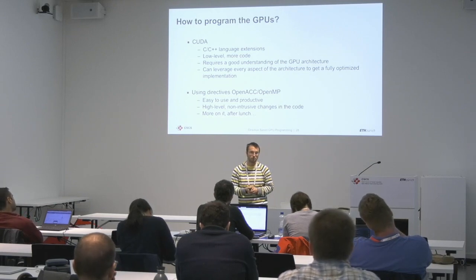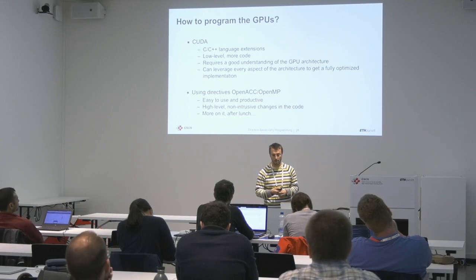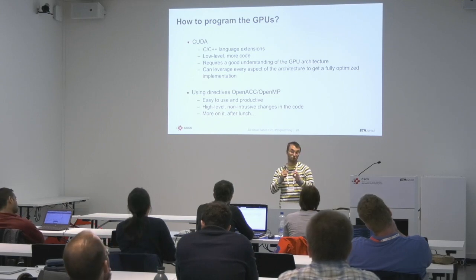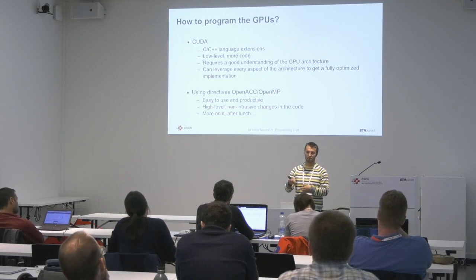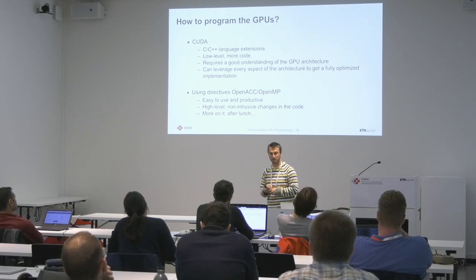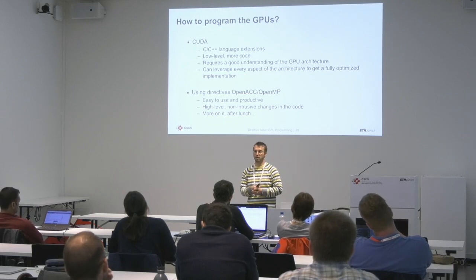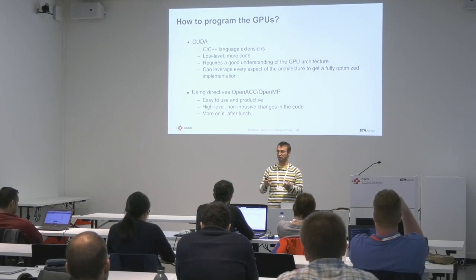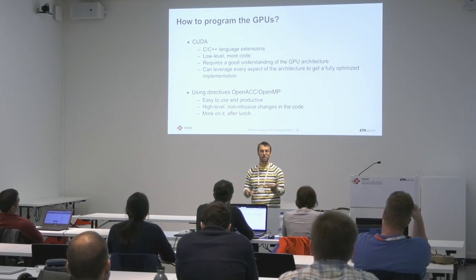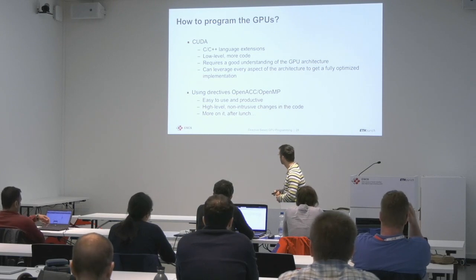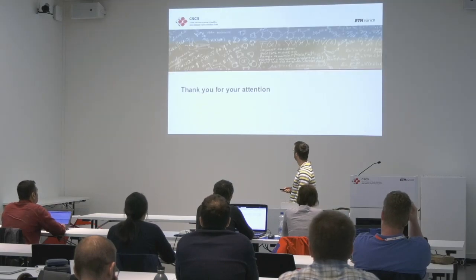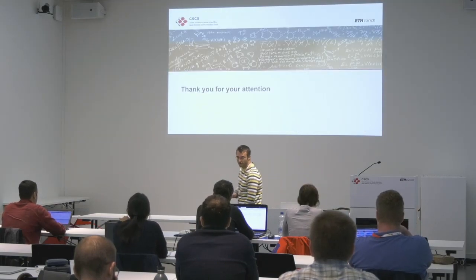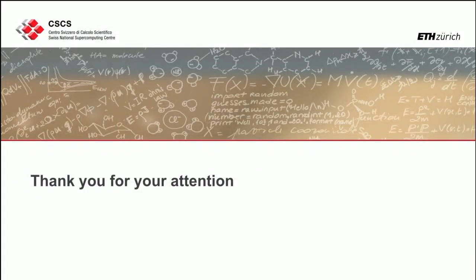From my experience, only for cases where you want to do very specific optimizations, like getting access to the shared memory and boosting the performance to the maximum, is CUDA the way to go. But if you just want to quickly enable your code for the GPU and have decent performance, directives are the way to go. More on it after lunch. So here I finish this introductory part, and I'm happy to take any questions.